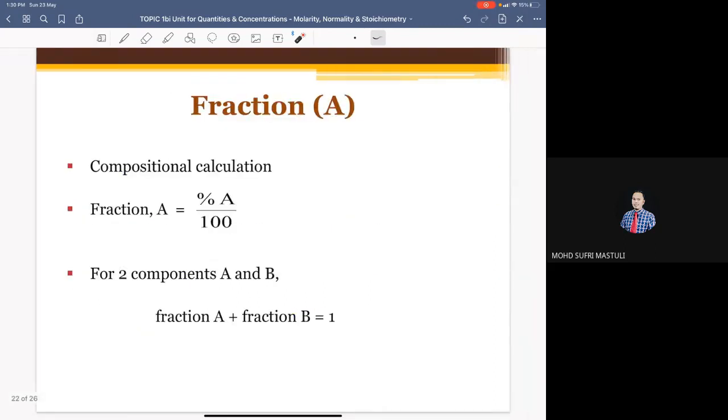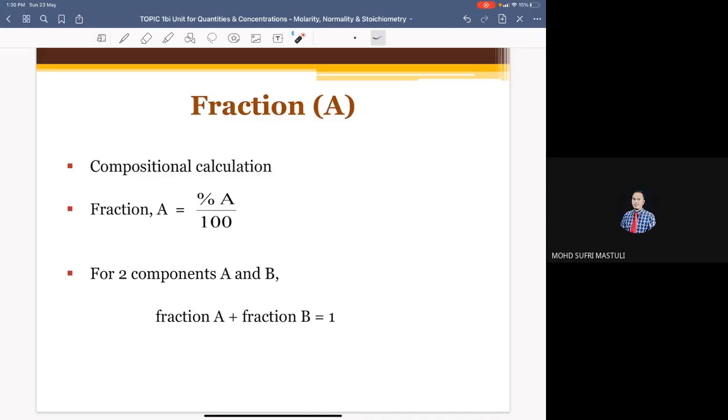Okay, now we go to the fraction. So far we have done molarity, molality, and normality. Now we reach the fraction. Fraction is more about compositional calculation.